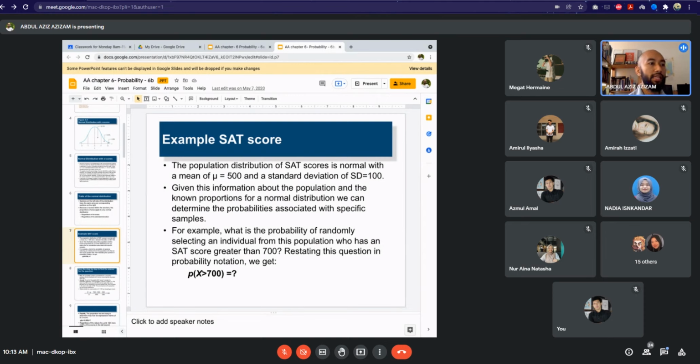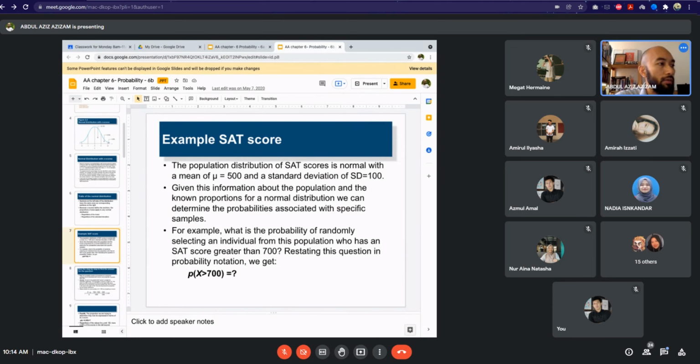Restating this question in probability notation, we get P(X greater than 700). Now kita tahu dia mean dia 500, so kita nak tengok yang greater than 700, so kita letak X greater than 700, so kita nak tengok X dia berapa.